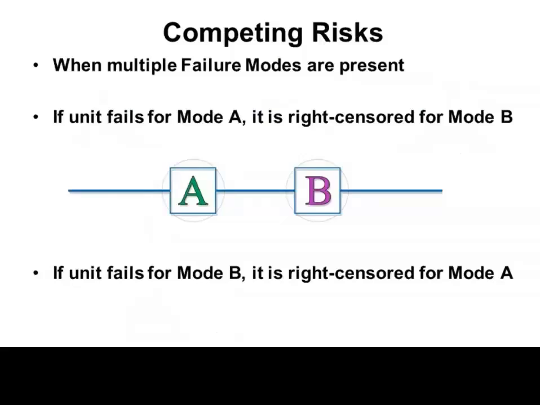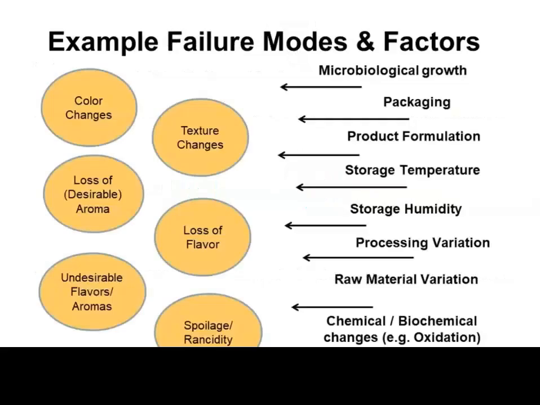Let's say it failed for A. However, we should consider that at the time it failed for A, it survived that long and did not fail for failure mode B. So if you're modeling each failure mode independently, you have to take into account not just the failure times for each failure mode, but also the known suspensions, or right-censored times, where the unit survived without a failure. We'll see this a little bit more later.